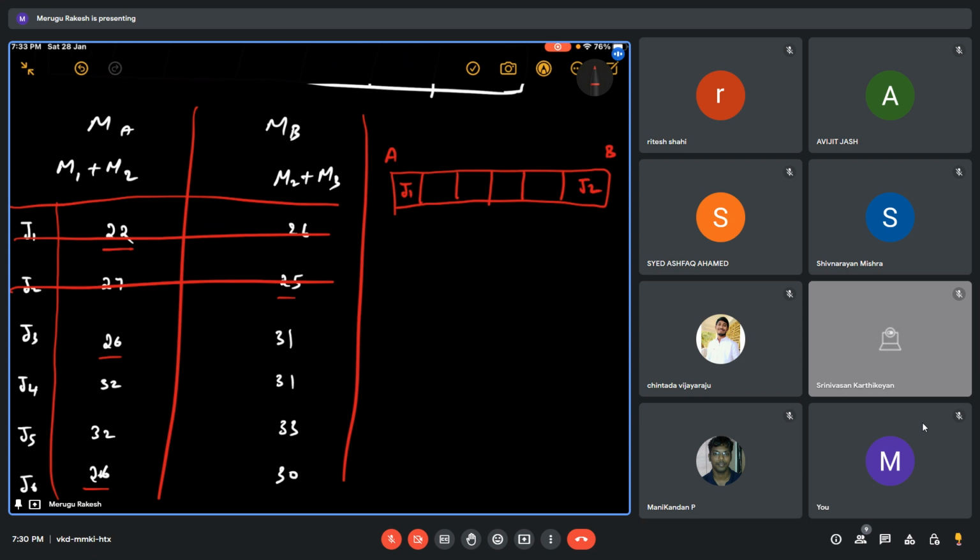Then we have to see all these models and see which processing time is giving the minimum. You can see this 30th value, we have 30 and we have 31.